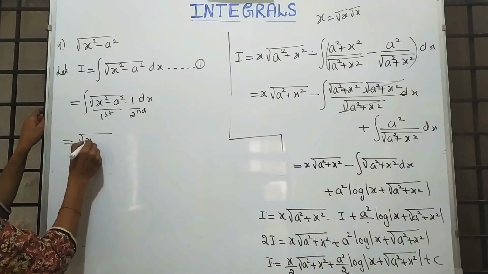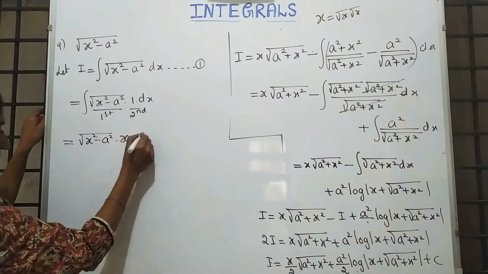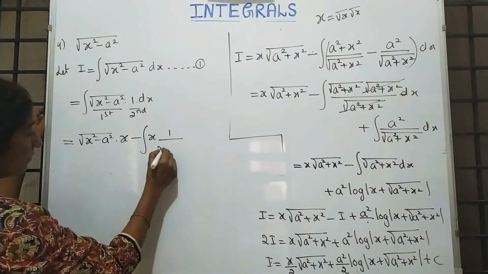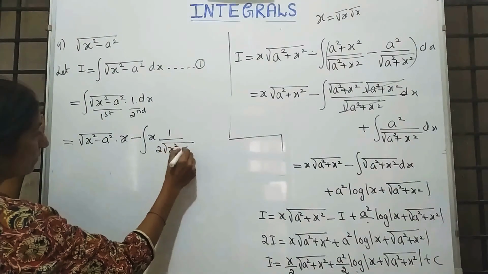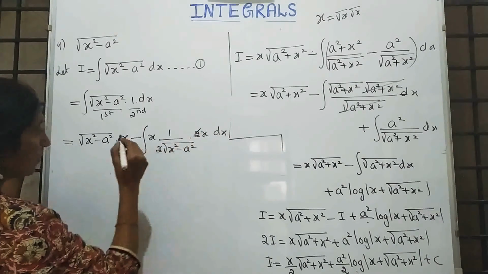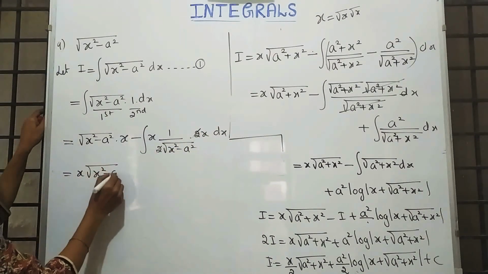Root of x square minus a square, as it is, integration of 1 is x minus x, differentiation of root is into 2x dx. Already you are familiar with integration by parts.